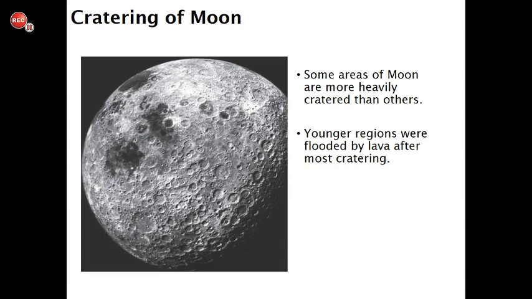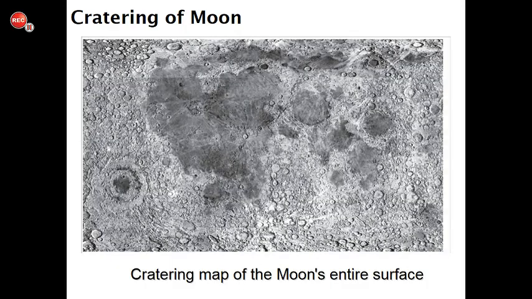And so those lava flows are younger than the cratered areas. So here's the entire surface of the moon, and you can see lava flows that have formed. And you can see in areas where there's very bright cratering, there's lots of craters. Those are old surfaces. But in the areas in the center of the picture that are darker, there's very few craters, and so those are much younger surfaces.